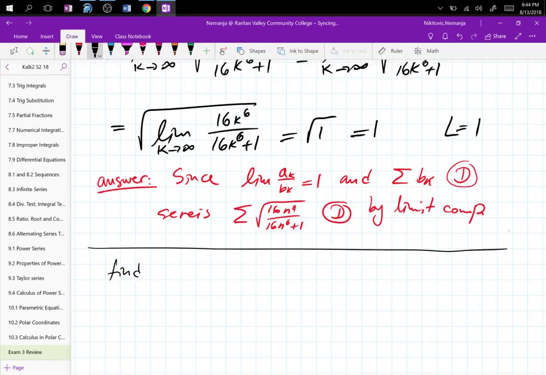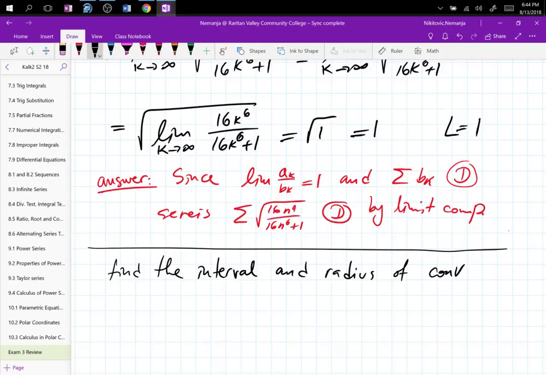So find the interval and radius of convergence. And what do you have? That's something like properties of power series. That would be 9.2.